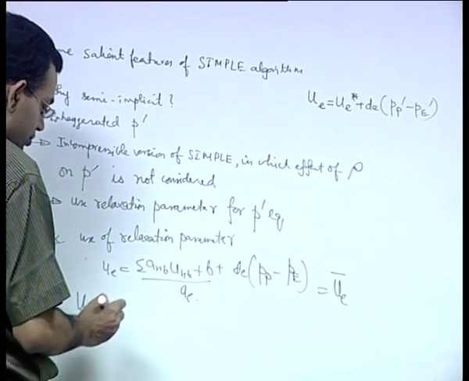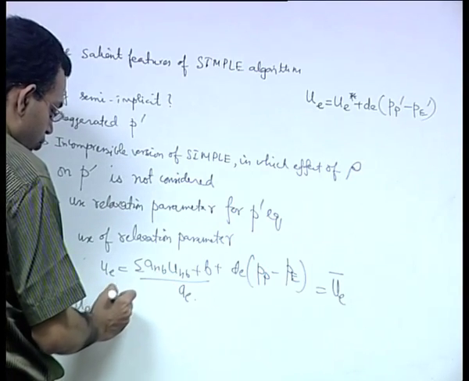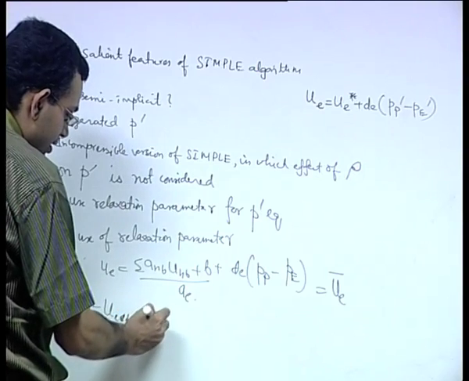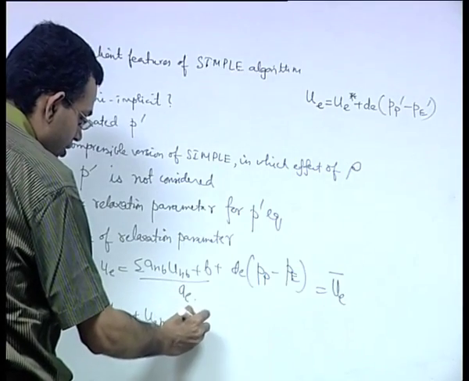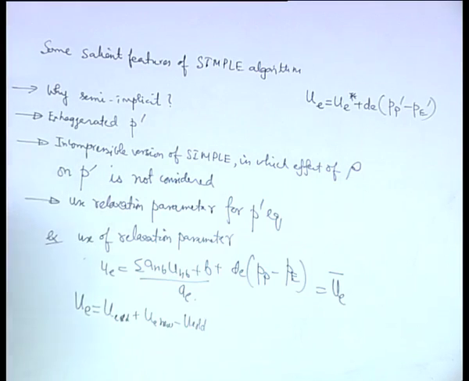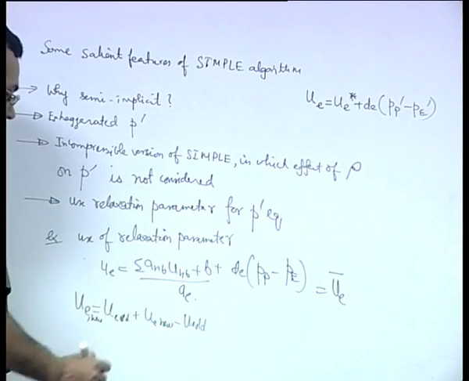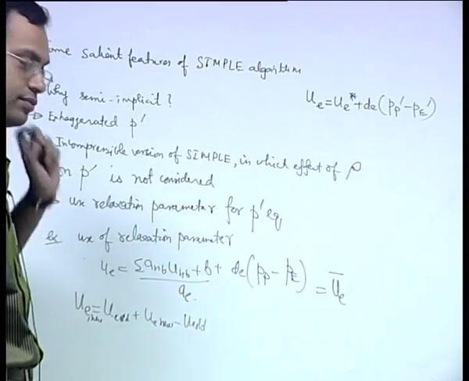is equal to uE old plus uE new minus uE old. So, this is something that we can write irrespective of any constraint, that is uE new is equal to uE old plus new minus old, right.